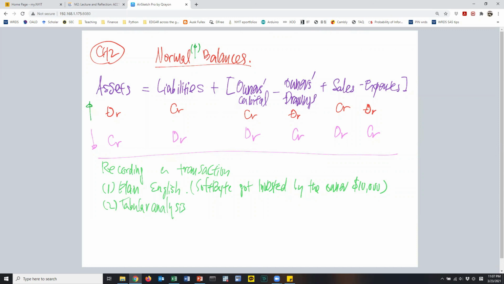Using the extended accounting equation, we have written that cash increases by 10K equals owner's capital increases by 10K, right? And then we will study a third form of recording a transaction, which is journal entries. And we will use these normal balances.